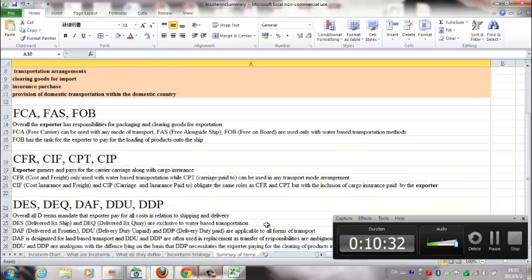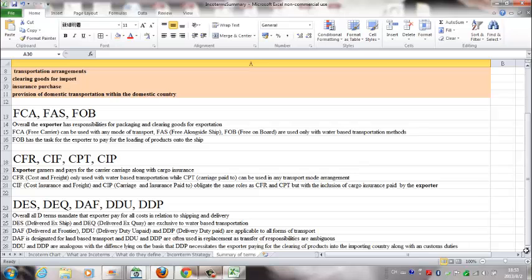Alright, lastly, we have the DES, DEQ, DAF, DDU, and DDP. And overall, all D terms mandate that the exporter pay for all costs in relation to shipping and delivery.